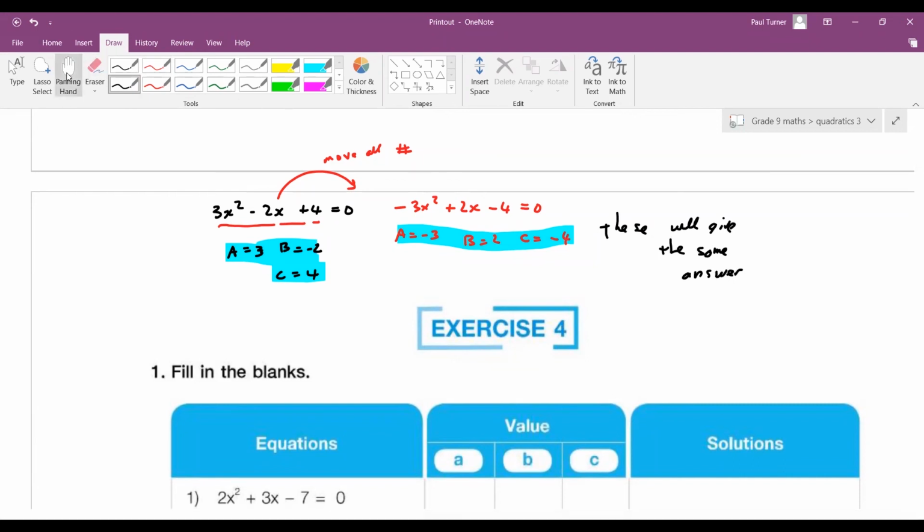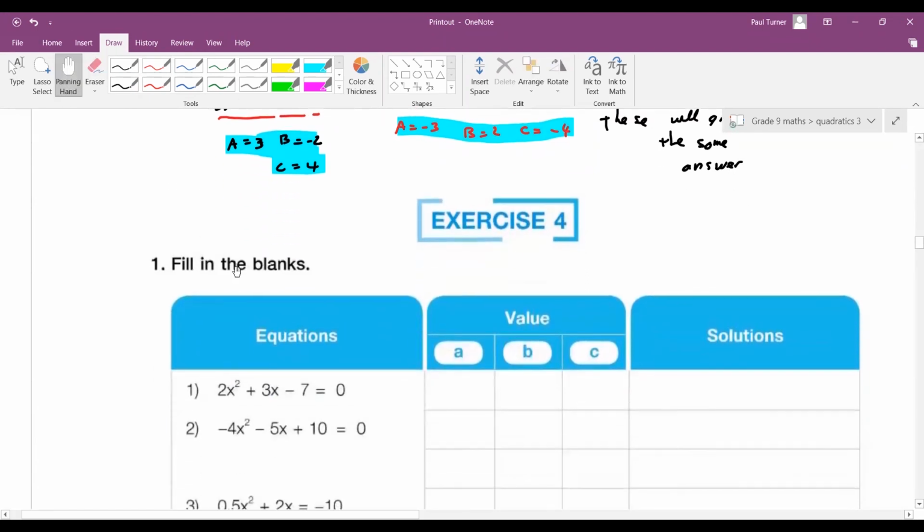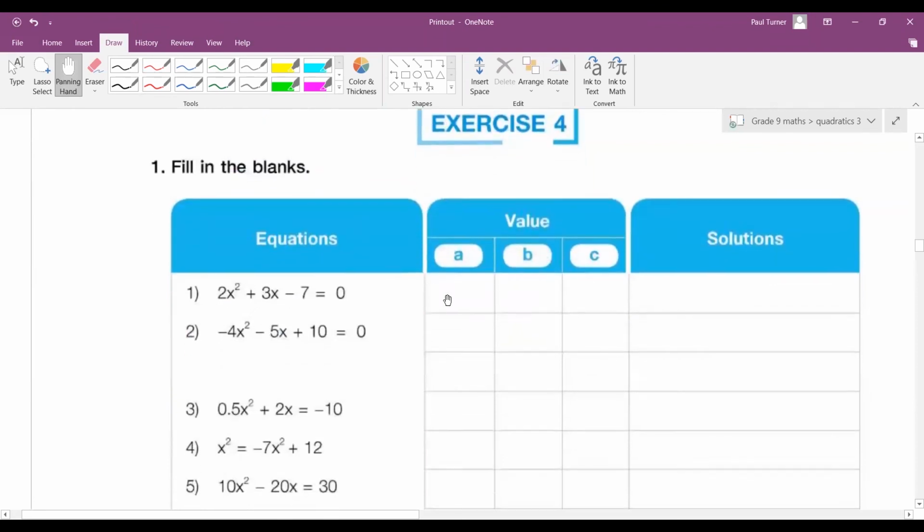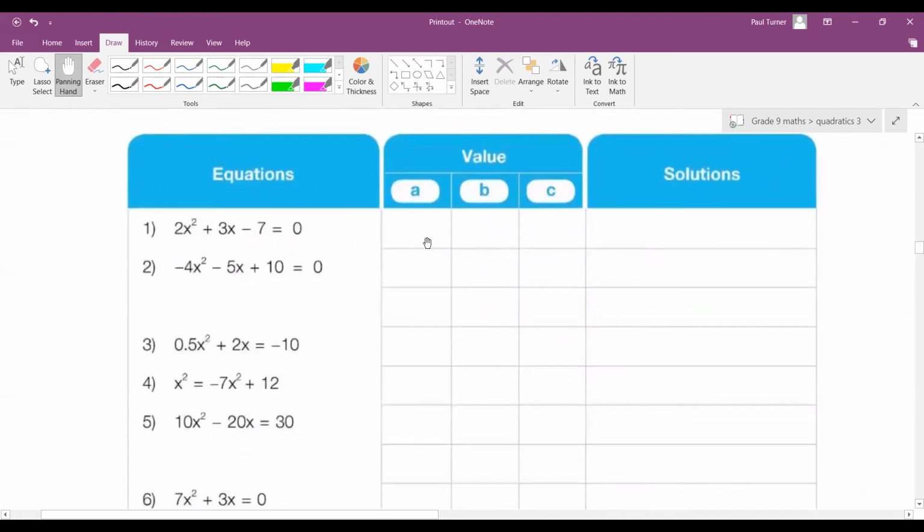So in the table here, let's take a look. I'll help you with the first bit. Maybe we'll do the solutions tomorrow, we'll start solving tomorrow. But the first thing you can do here is find what A, B, and C are. You can fill this in yourself now. Let's do a couple.